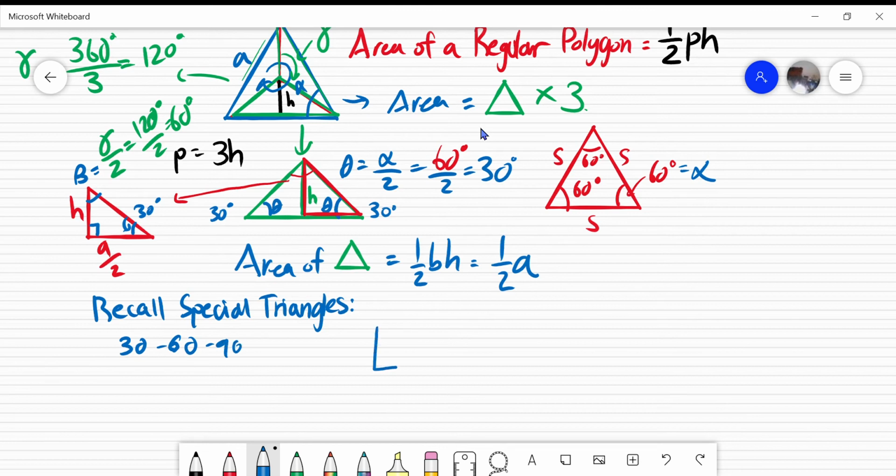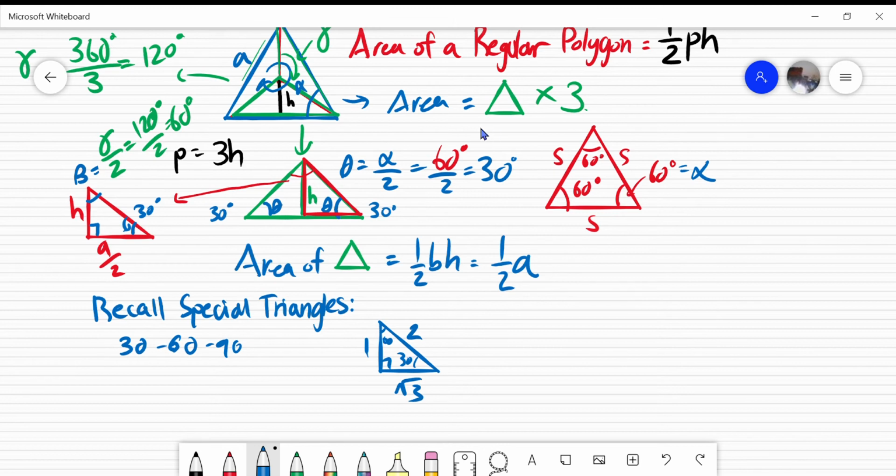So let's just draw it out. We would know that 30, 60, 90, and this side is 2. That side, okay, this is not a really good diagram, but you get the idea. This is 1, and this has to be root 3.